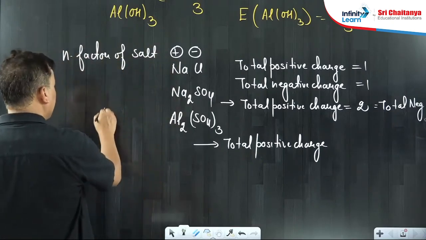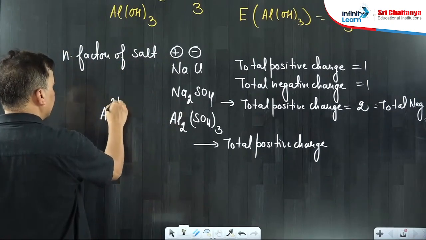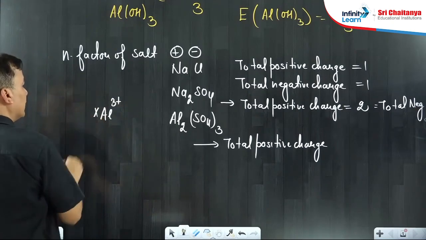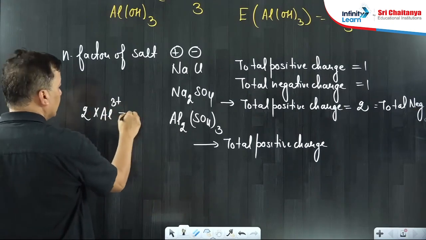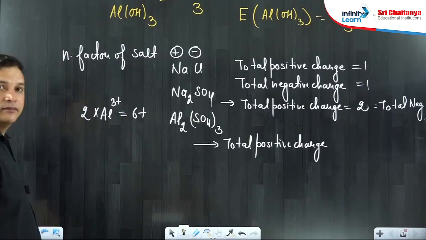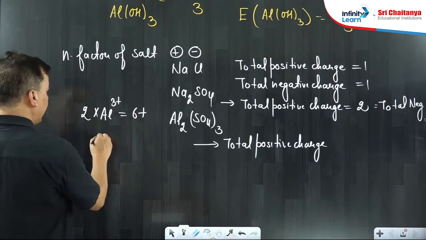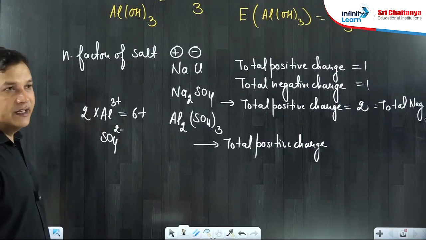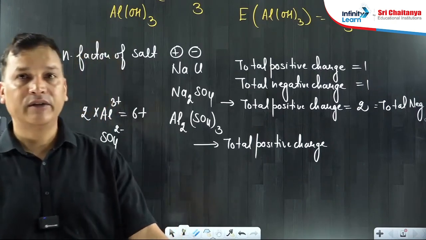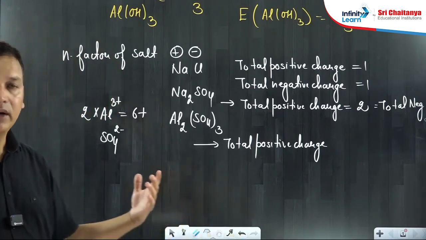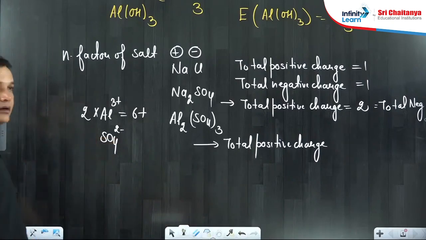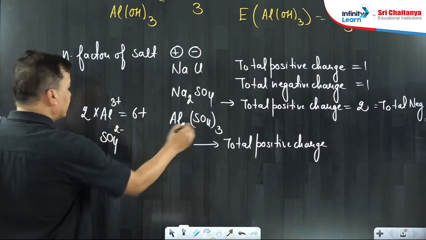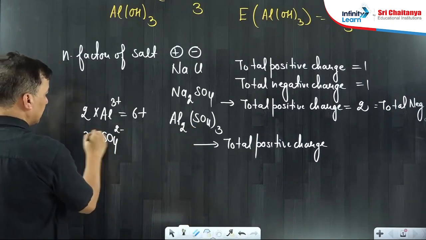Look here. Aluminium is 3 positive. How many aluminium are there? 2. So there is 6 positive. Sulfate, SO4, is 2 negative. How many sulfate are there? 3 sulfate.